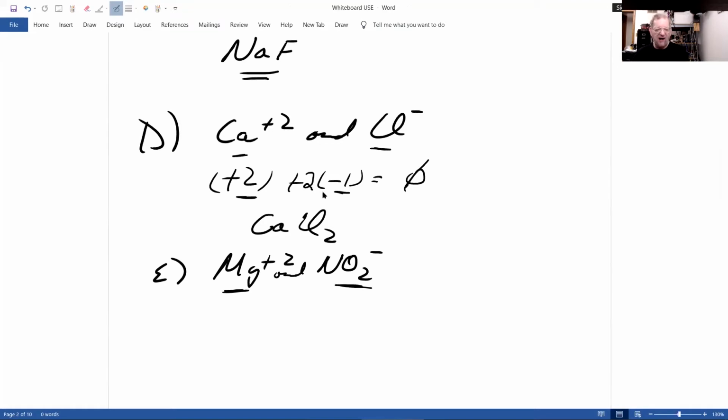Well, all molecules have a net zero charge. This is a +2. This is a -1. Does that equal 0? And the answer is no.